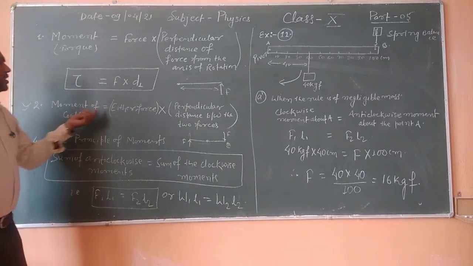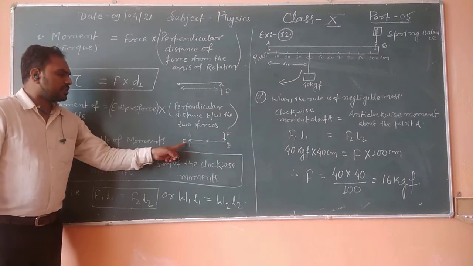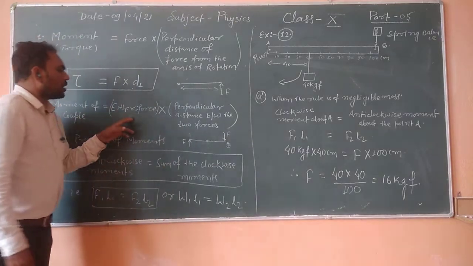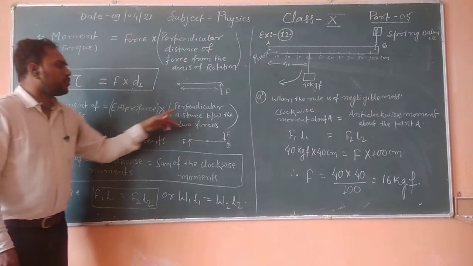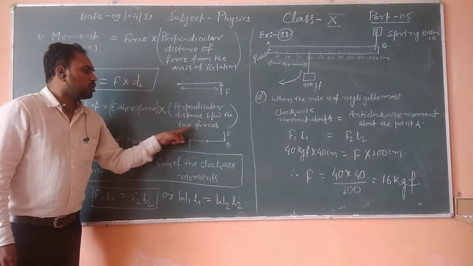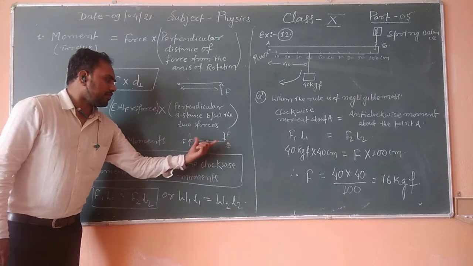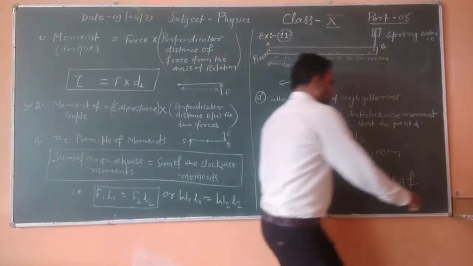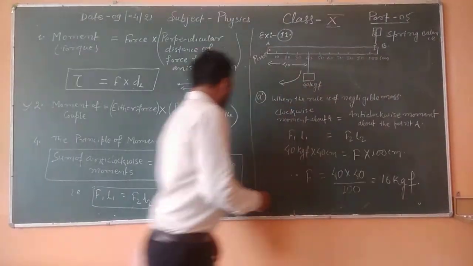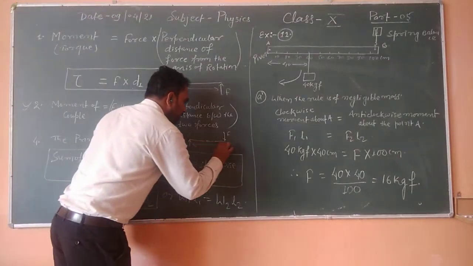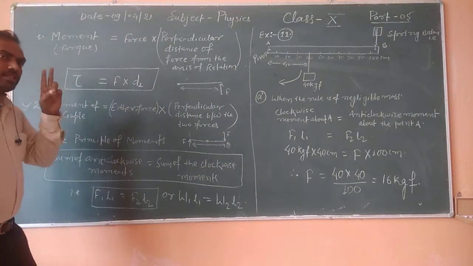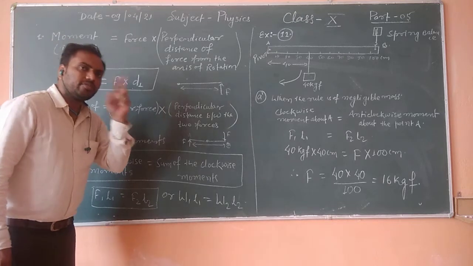Its formula is either force, since both forces are of the same magnitude, you take either force, into the perpendicular distance between the two forces. Then you must always keep this concept in your mind.